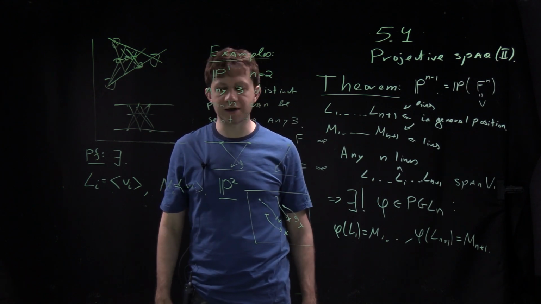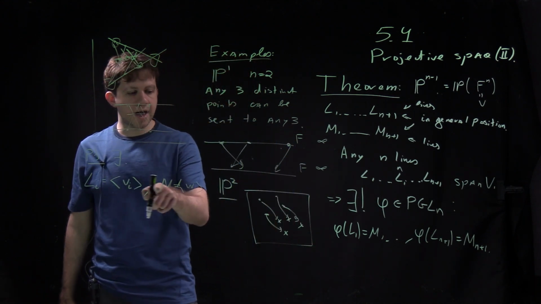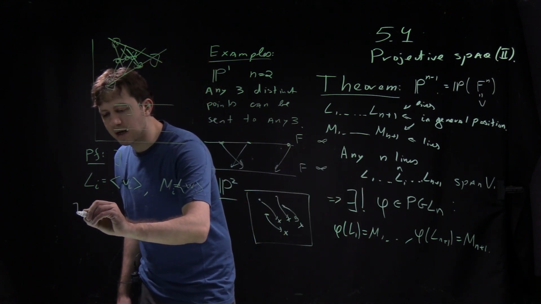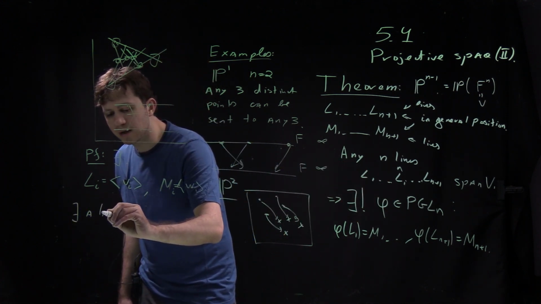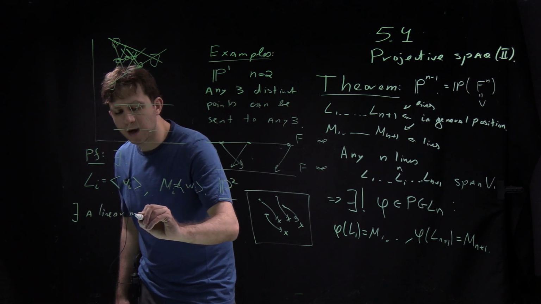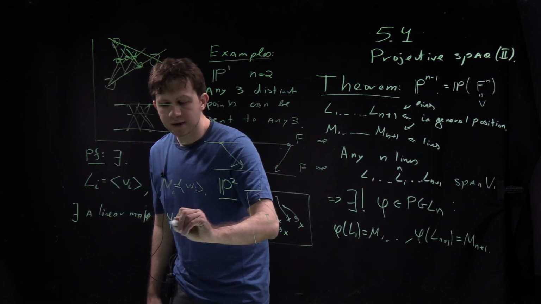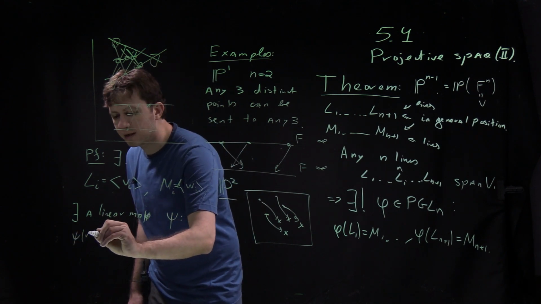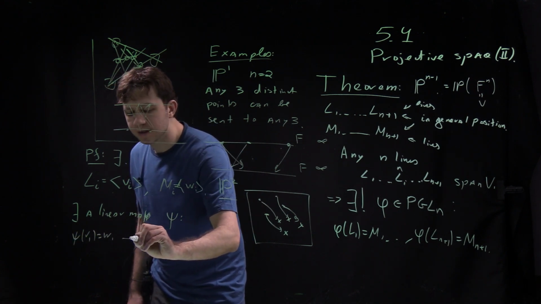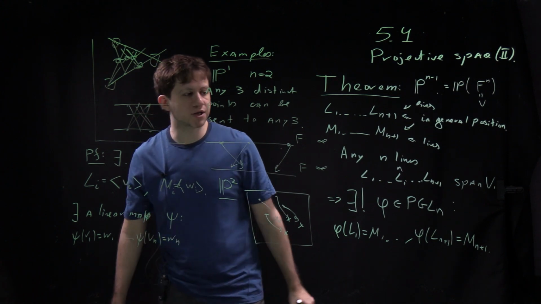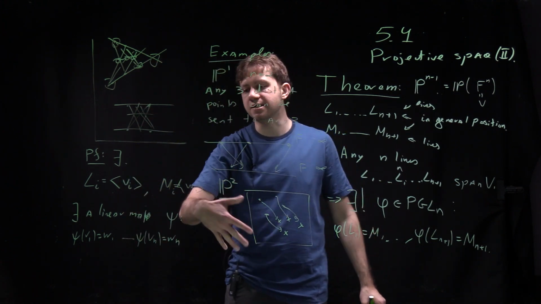We know that any n of those are linearly independent because of this condition. So there exists a linear map, let me call it psi, such that psi of v1 equals w1, up to psi of vn equals wn. And of course this means that psi sends lines to lines.